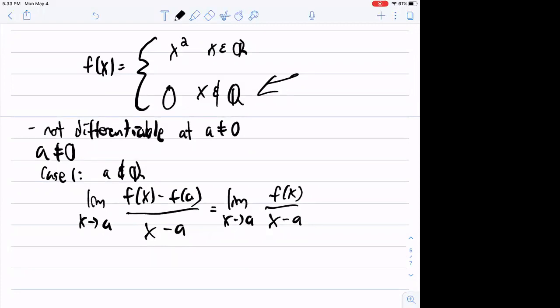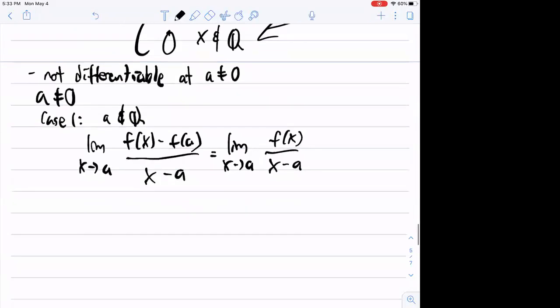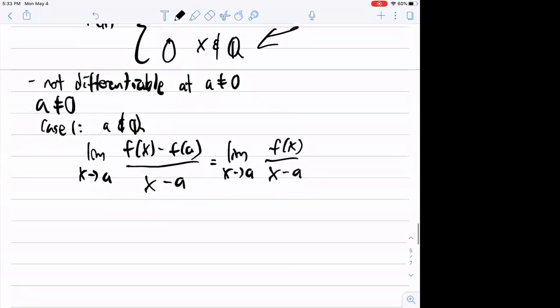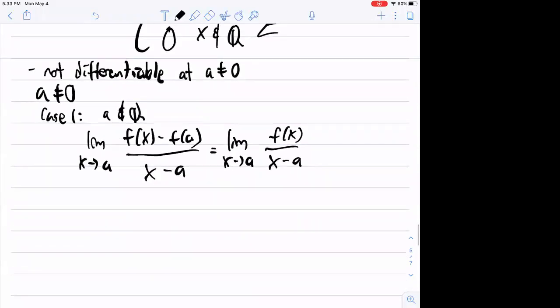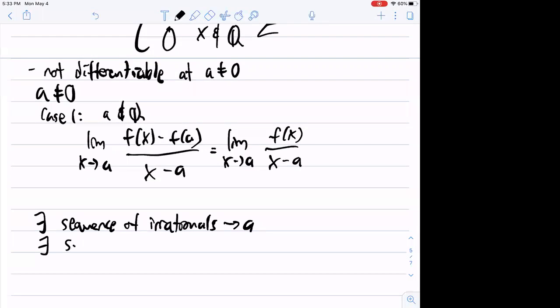And basically, what we're going to use is the idea that you could choose a sequence. There exists a sequence of irrationals going to a, and there exists a sequence of rationals going to a.